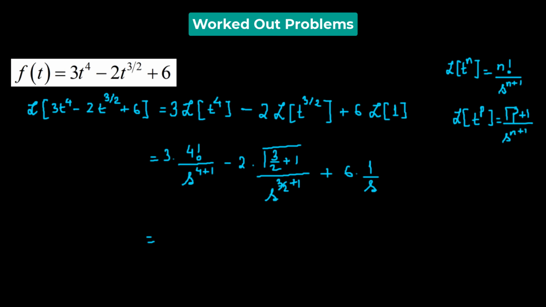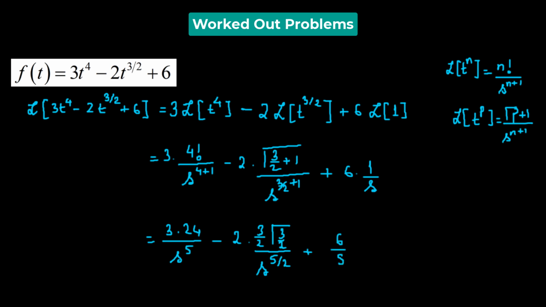So 4 factorial is 24, so we have 3 times 24 divided by s^5, minus 2 times the gamma of 3/2 plus 1, which will be equal to 3/2 times gamma of 3/2, divided by s^(3/2 + 1), which is 5/2, plus 6 over s.